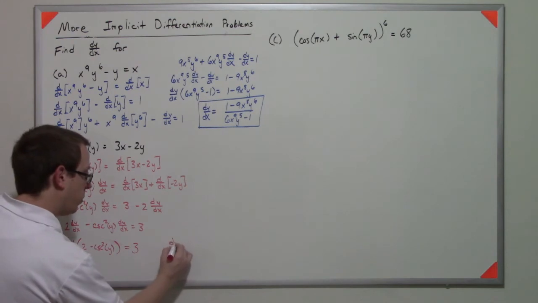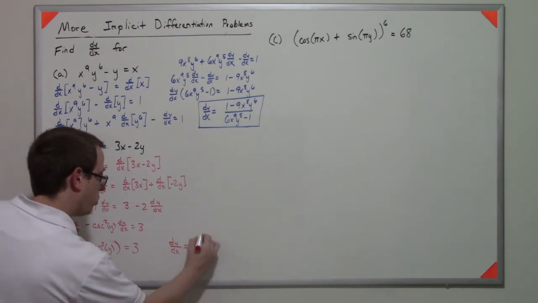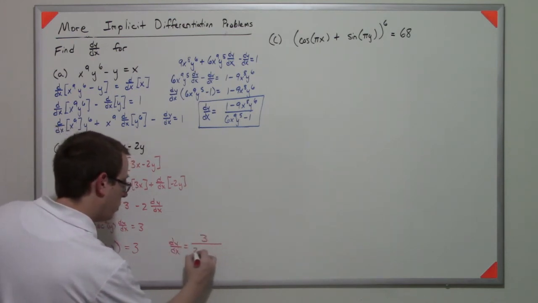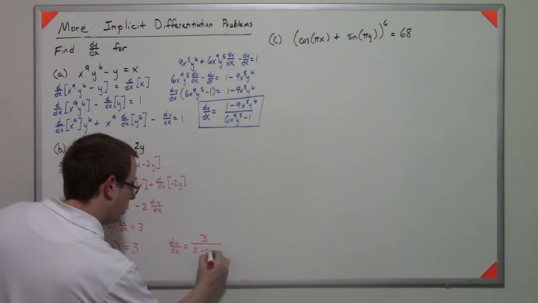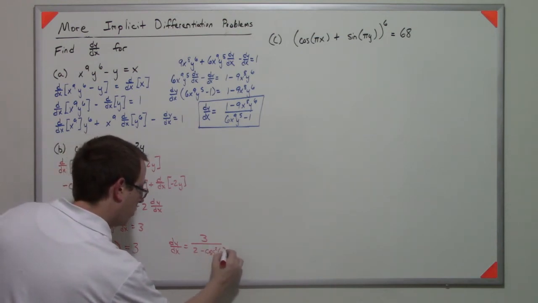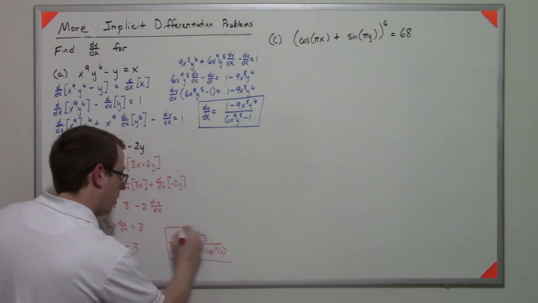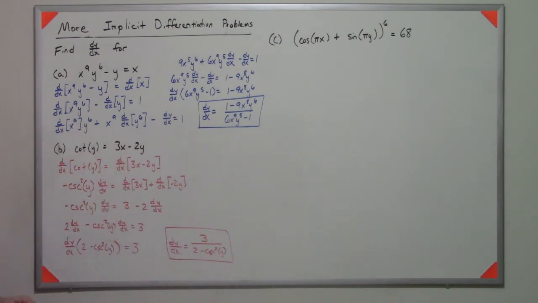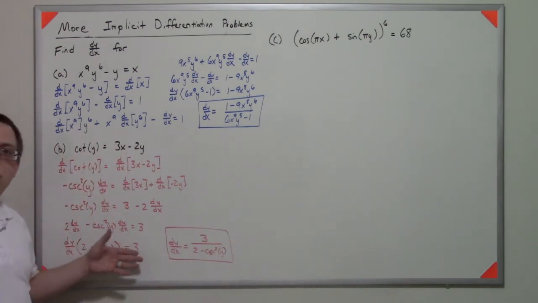So that leaves me with dy dx equals 3 over 2 minus cosecant squared y. Alright, so that's how we would do that.